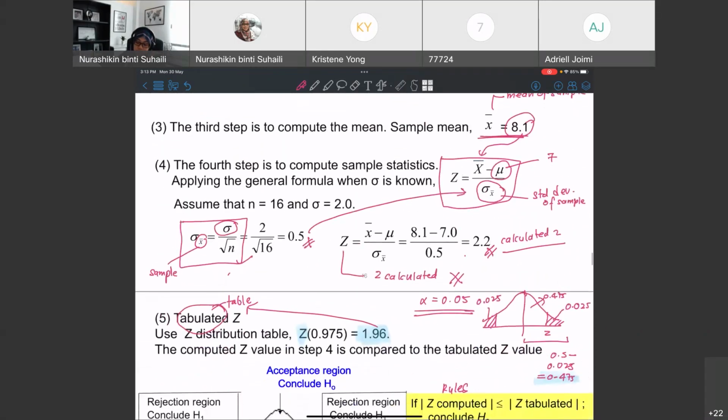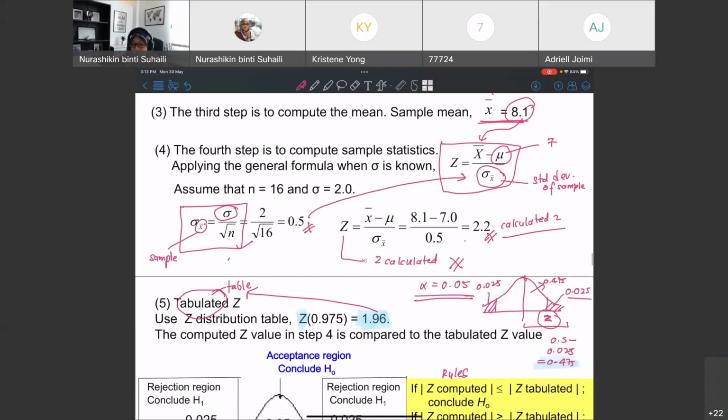The second thing that you have to look for is the tabulated Z. How to find the tabulated Z is based on the alpha value. Since your alpha here is 0.05, you draw the standard normal distribution. You are looking for the area. You divide the 0.05 into 2, you get 0.025. So you have to find the area enclosed by the Z value here. In order to find this Z value, you first find the area from the origin, which is 0.475.